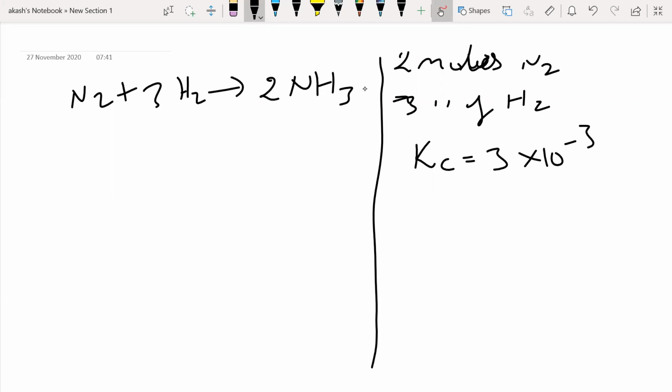Now they're asking you at equilibrium, what is the number of moles of all of them?